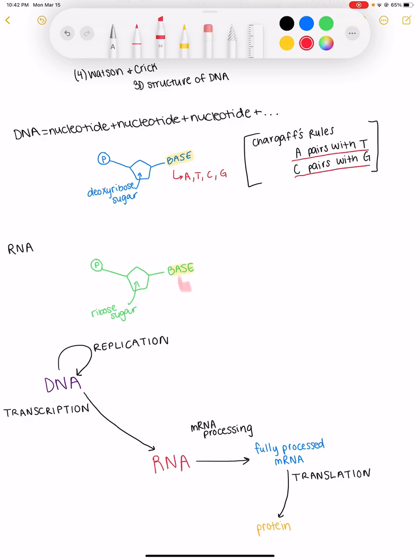So the bases that are available in RNA are adenine, uracil, cytosine, and guanine. So kind of the big overarching difference between RNA and DNA is that RNA uses U instead of T. So this rule becomes very important when we start talking about transcription.